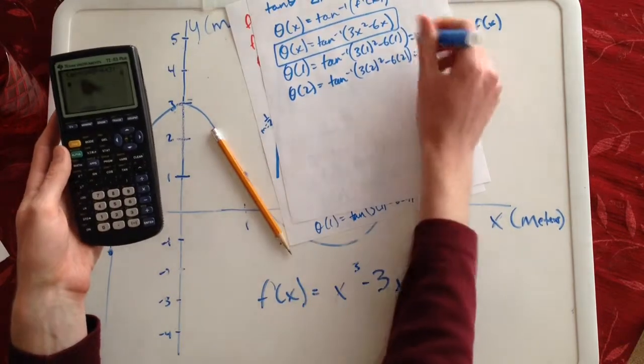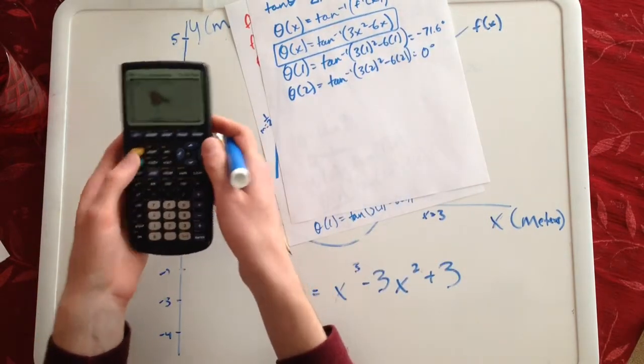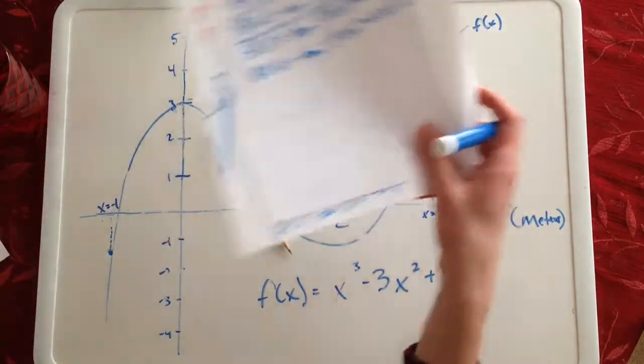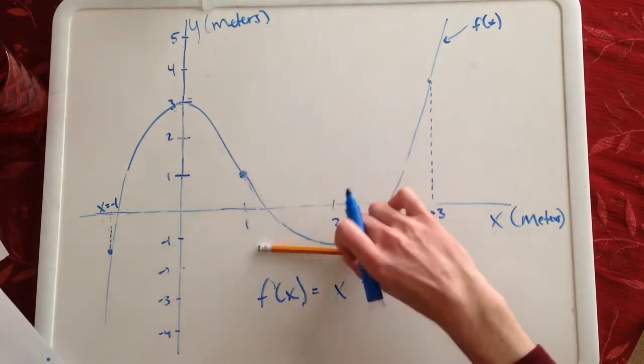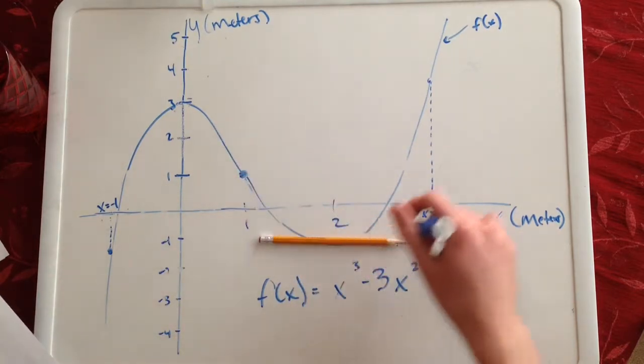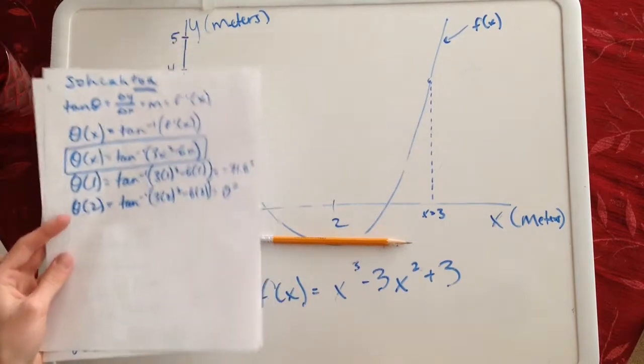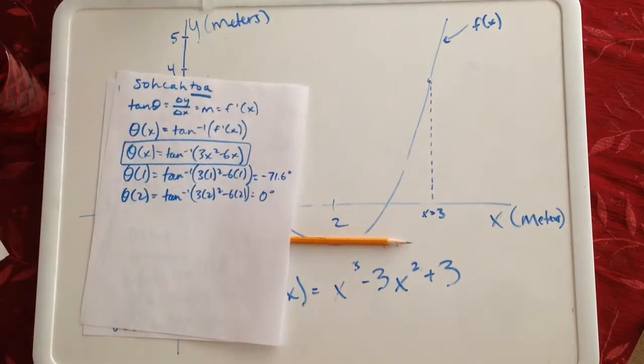Oh, it's actually a minimum. Cool. So that's saying it's 0 degrees right there. That means it is horizontal at x equals 2, which I believe, because it's a minimum. And we'll get to that soon, that any maximum or minimum has a slope of 0, and that's a useful thing to know. Okay, so I hope you understood that process that I just used.